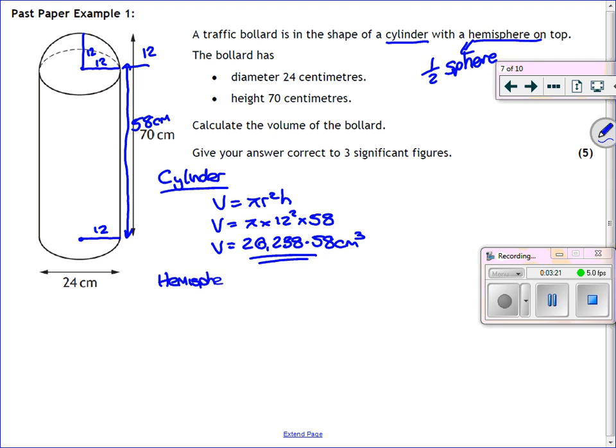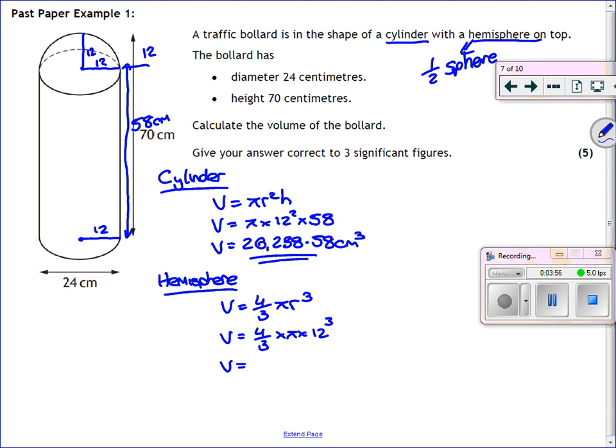Don't think that you need to remember the volume of a hemisphere. You don't. All you need to do is remember to look at the front of your exam booklet, find the volume of the sphere, and then hemi it, i.e. half it. The volume of a sphere is 4/3 pi r cubed. So it's going to be 4/3 times pi times the radius that we've already discussed is 12, so 12 cubed.